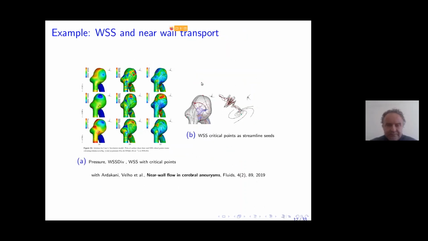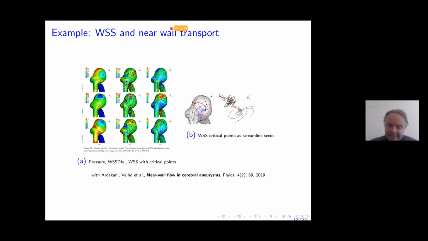So by considering these quantities that we compute at the wall itself, we can infer information about the velocity very close to the wall. Otherwise we would not be able to. This allows us to establish what happens in the nearest regions close to the wall relative to what happens inside.